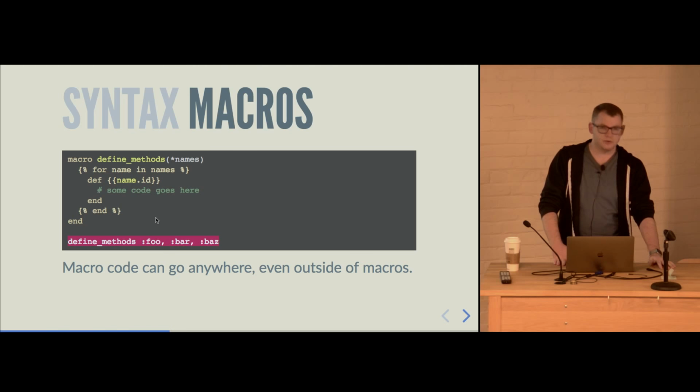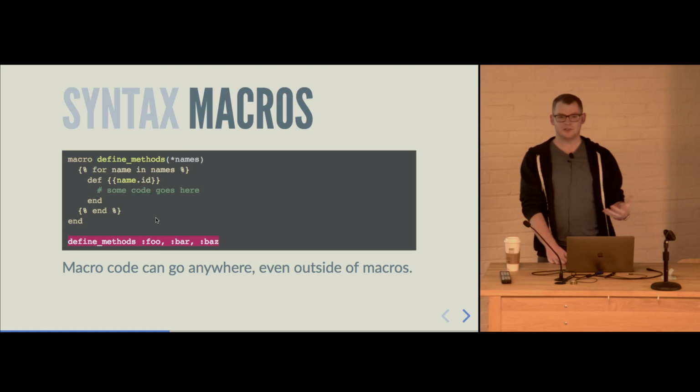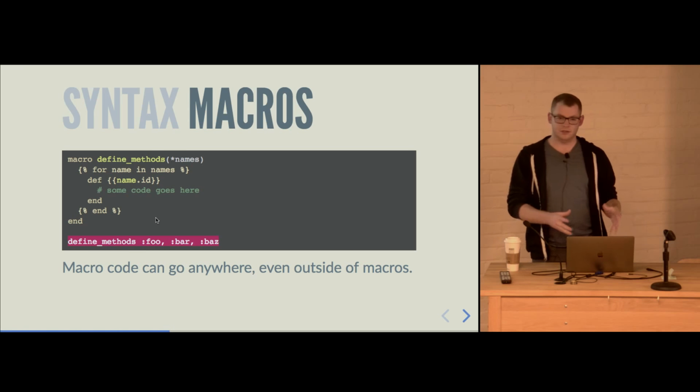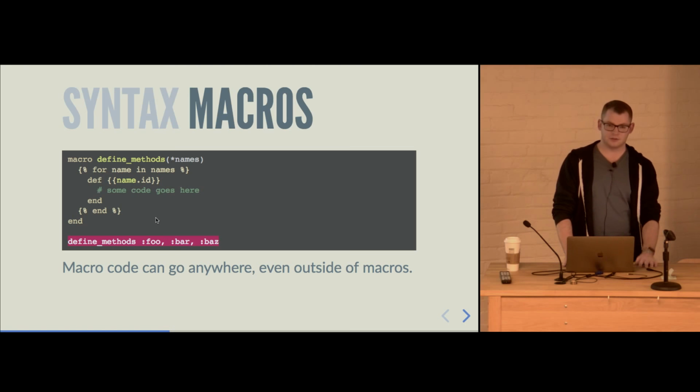Particularly, it's very similar to what Active Record and Active Support do for you in Rails. All that kind of stuff can really be done in macros, which means that you have no runtime overhead. So you get the performance that you'd get if you were doing everything manually and writing your own methods for everything, but you don't have any of the overhead at runtime.